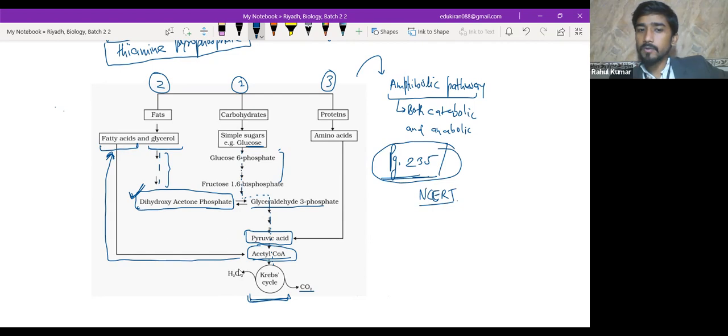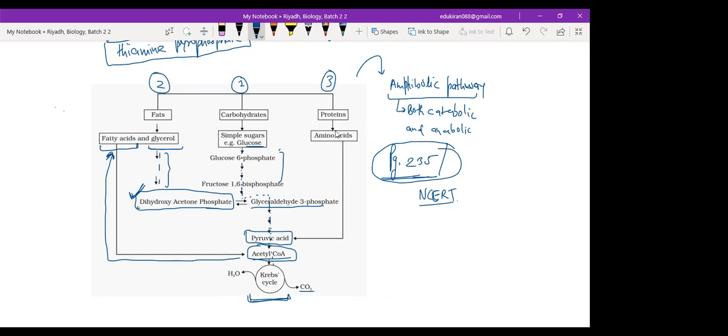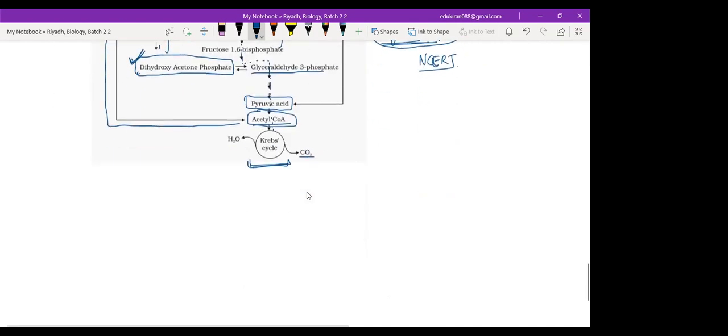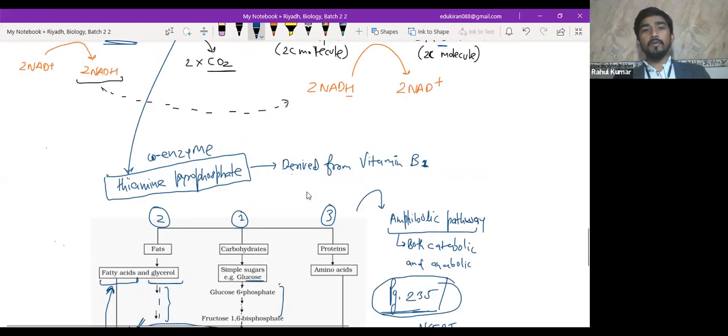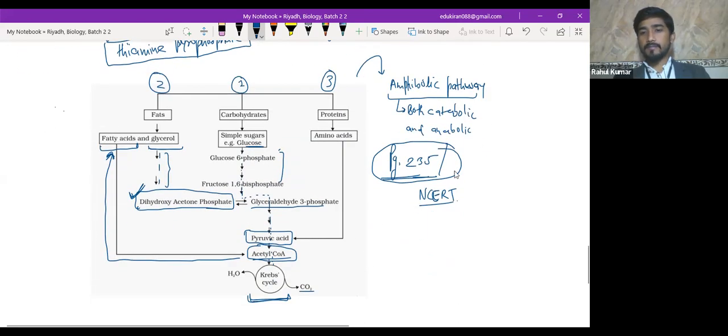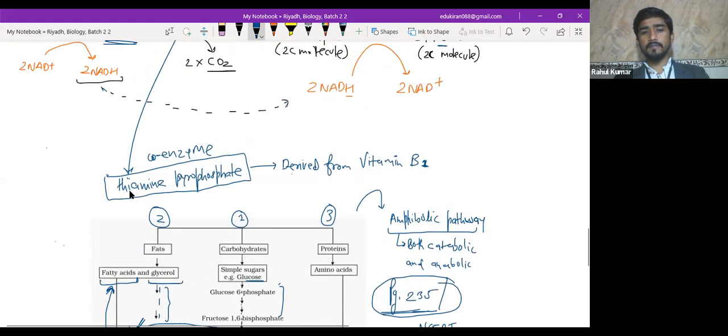Whatever I explained just now is written in that paragraph. If you have any doubt, ask me tomorrow. Read this paragraph, page 235 from NCERT, and I think everything else is clear.